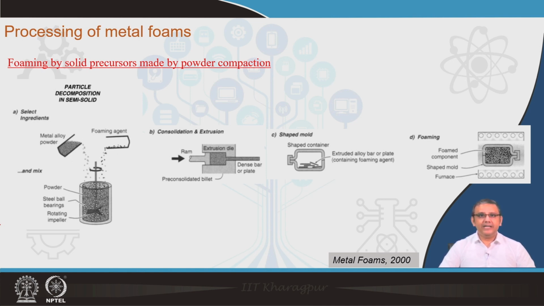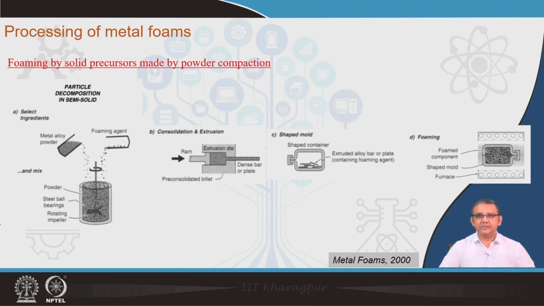Typically during this process, a very homogeneous preform is fabricated by applying some pressure, and then these formed parts are put into the container for which the foam shape has to be determined. Finally, this is taken to a high temperature very close to the melting point of the alloy, and during this process titanium dihydride decomposes.